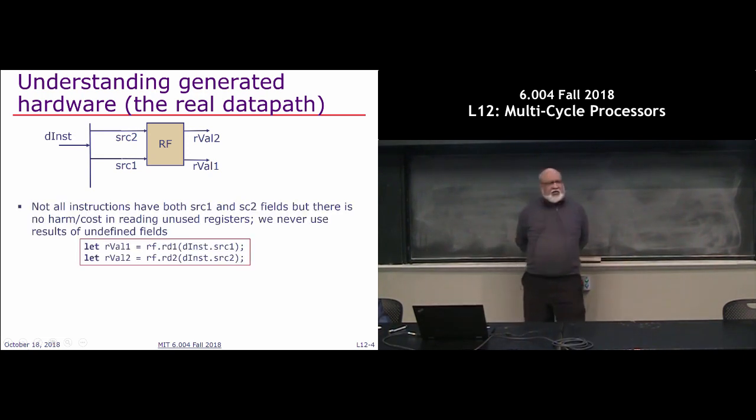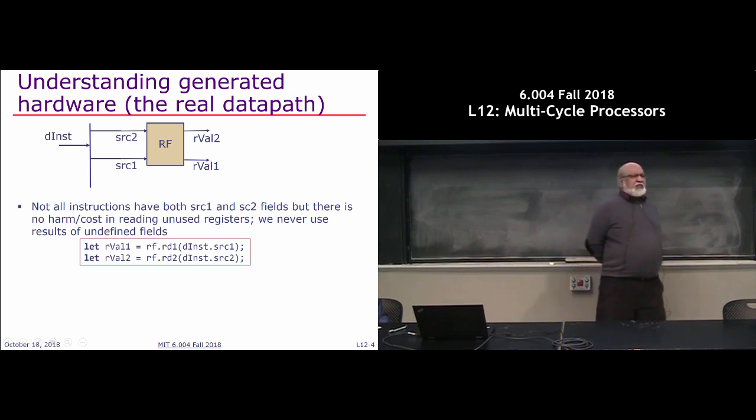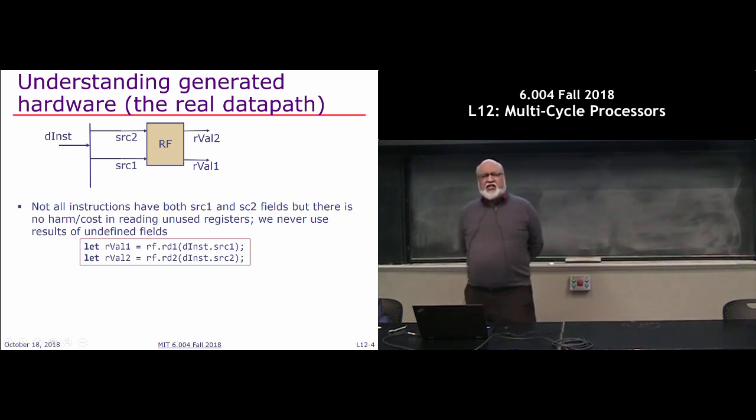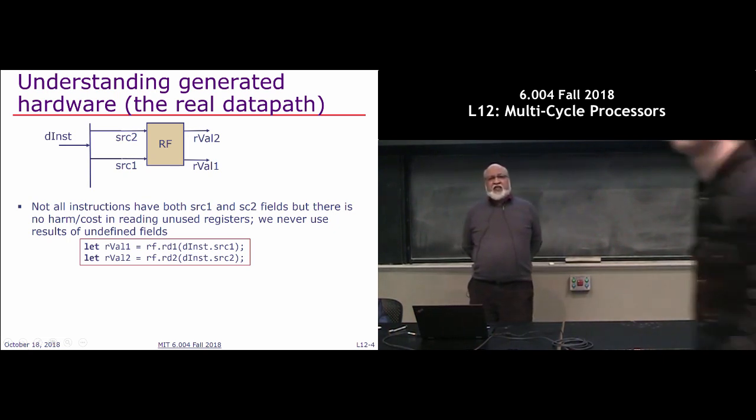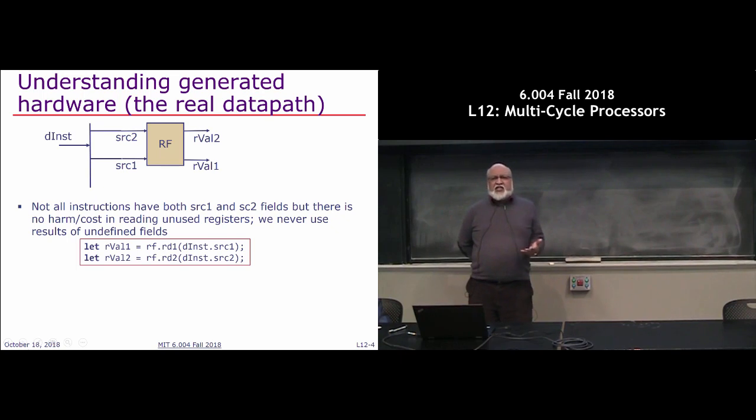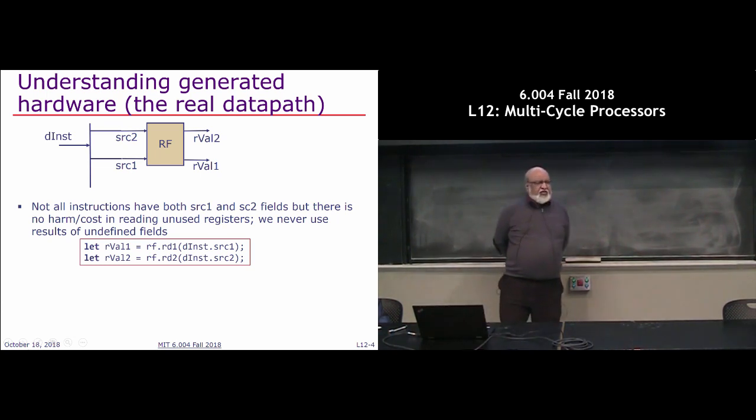And remember, not all instructions have RS1 and RS2. Many of them don't have RS2 because they may have an immediate operand. But there is no harm if you read it, because reading something doesn't cause any side effects. You're just reading the register value.